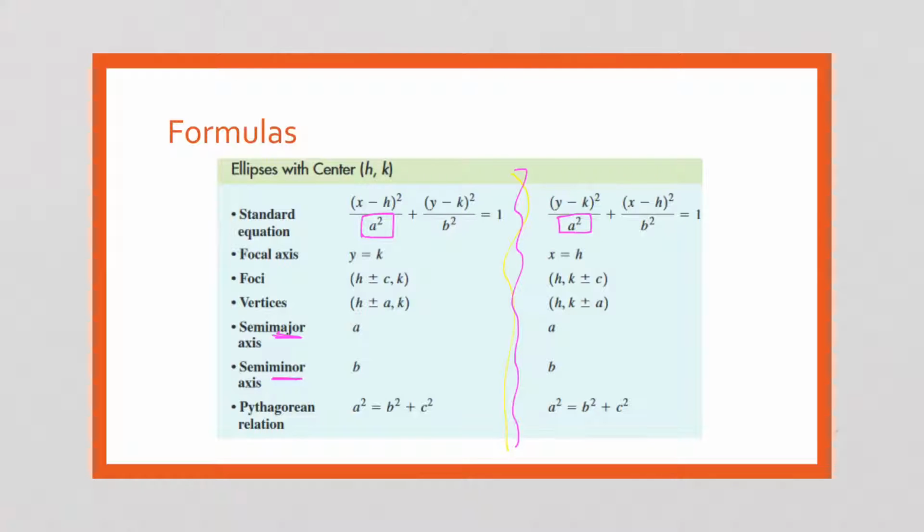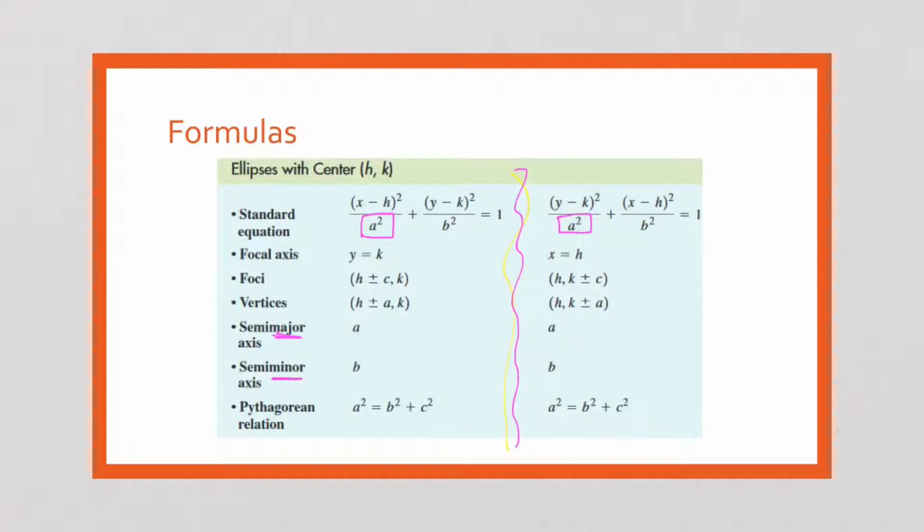So whichever a is bigger. The largest denominator tells me which equation I'm using. If the largest denominator is under the x, then I'm using the equations on the left. If the largest denominator is under the y, I use the equations on the right. And you'll see as we get into problems, sometimes they're going to try to confuse you with that.